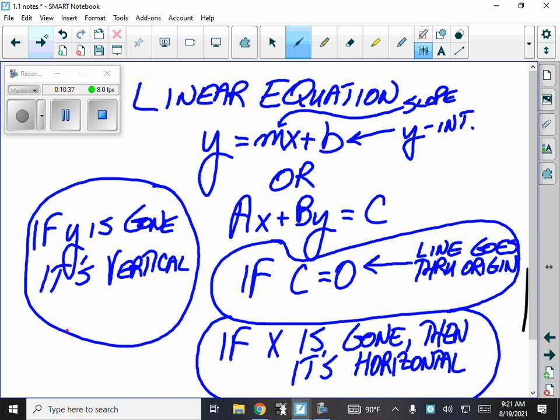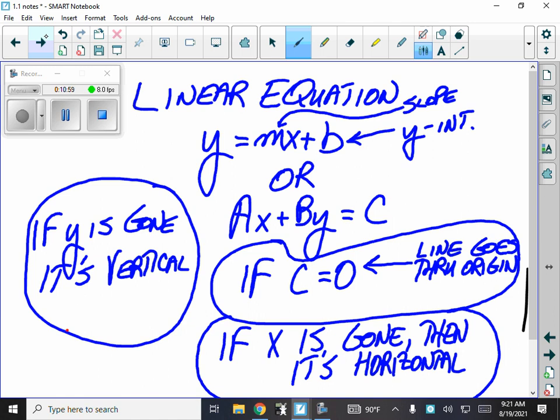In standard form, instead of a c, if that was a 0, so if it was just like 5x plus 6y equals 0, then it would go through the origin, the middle, okay?